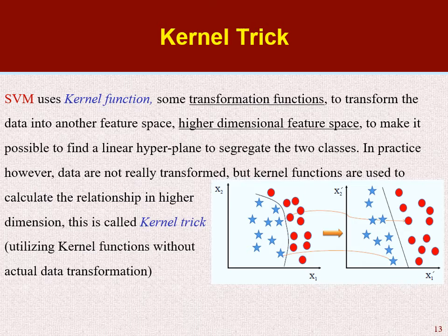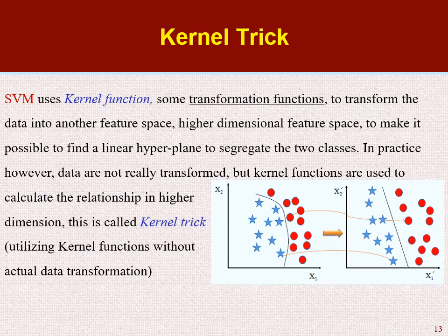So here in the picture on the left, we have our data in the original setting, and in the right, we actually use a kernel function to map our data or transform our data into a higher dimension space. But this doesn't necessarily have to happen.